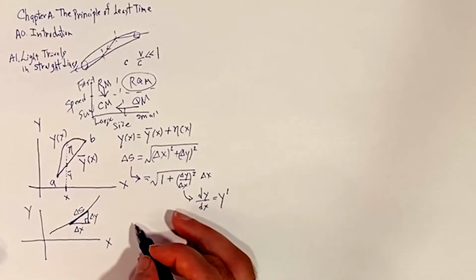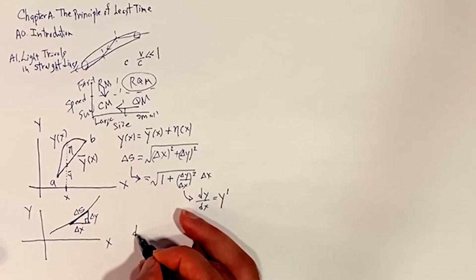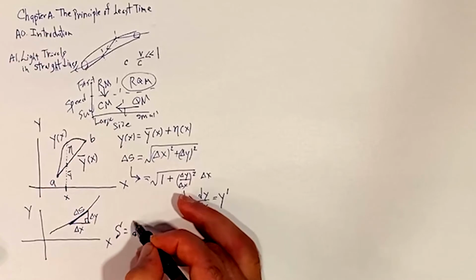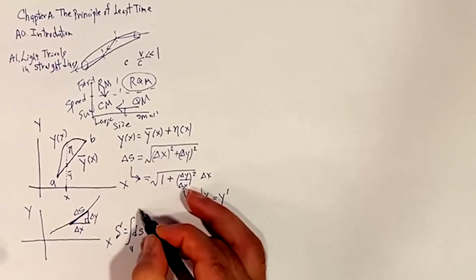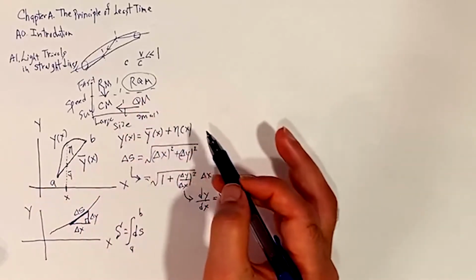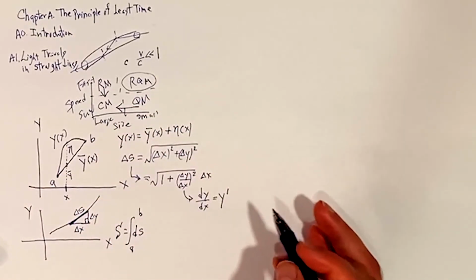So that means if we looked at the ds and integrated it from a to b, that's going to get you the total arc length, which you want to be minimized.